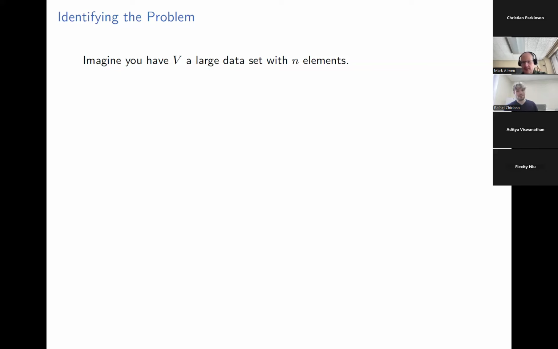Well, the first step, if you want to avoid working with the whole set, would be to find a representative sample of your set. And the classical theory in probability tells you that this sample must be uniform.